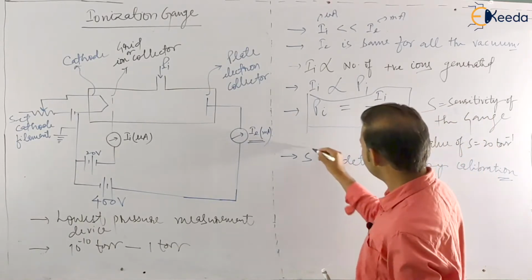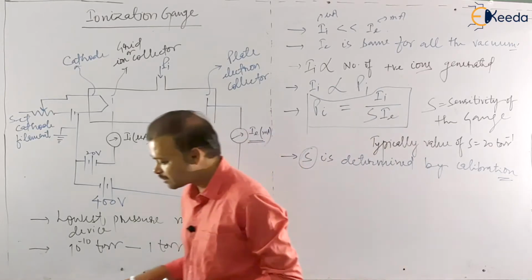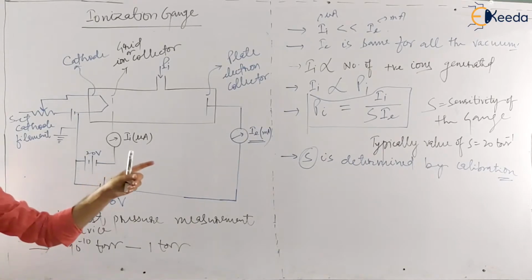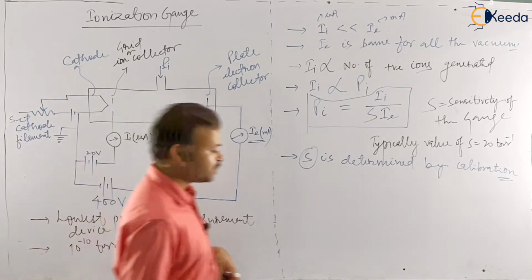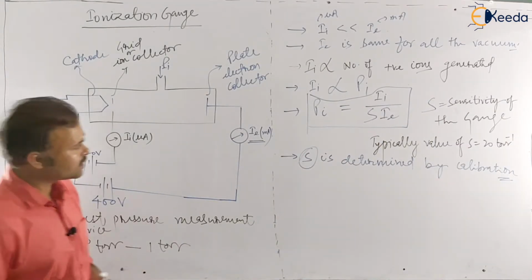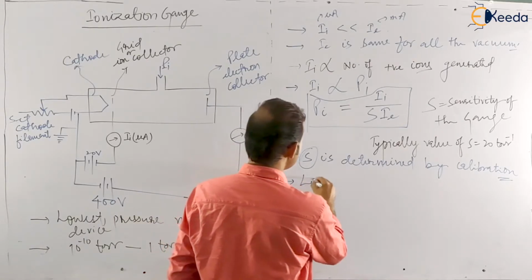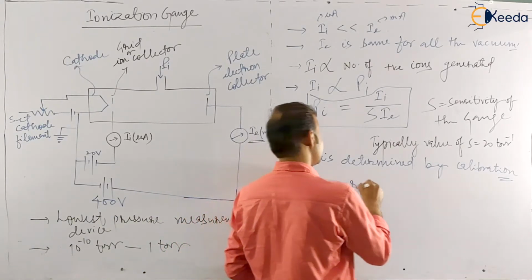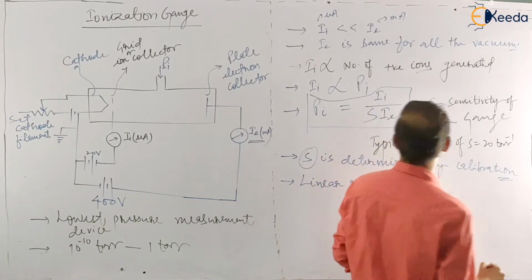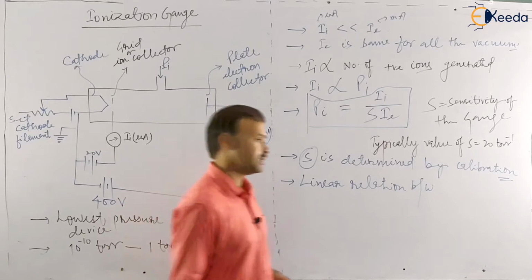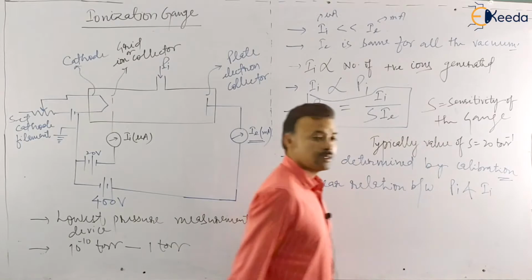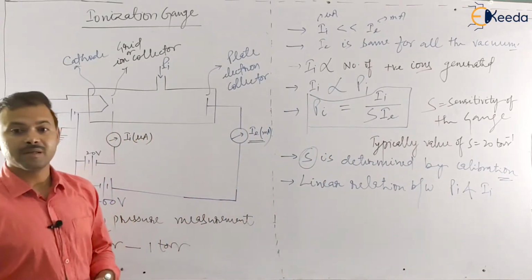So every time you have to measure the pressure of a different gas, you have to calibrate S. For every gas there will be a different value of S. Advantage of the ionization gauge is there is a linear relation between input and output. Input is Pi and output is II.